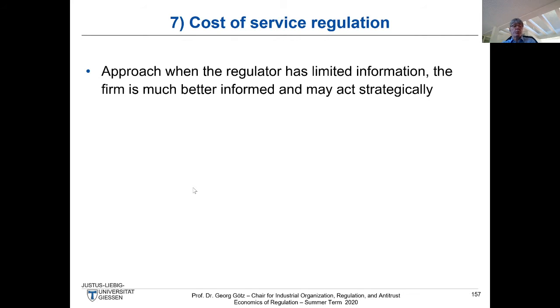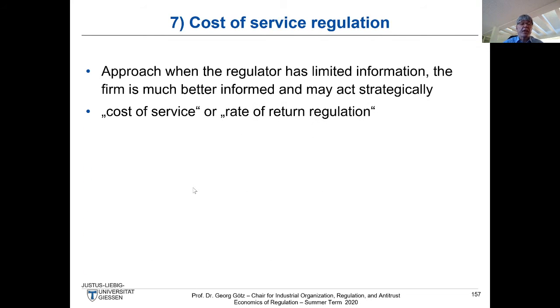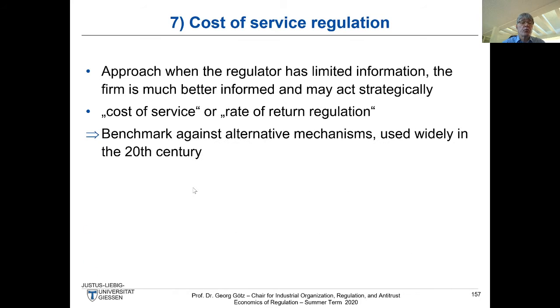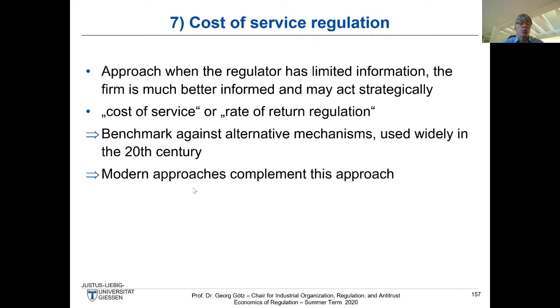So our starting point is that the regulator has limited information. The firm is much better informed and may act strategically. I already introduced these terms, cost of service regulation and rate of return regulation. As I told you, it was somehow the benchmark that was used widely in the 20th century to regulate companies.